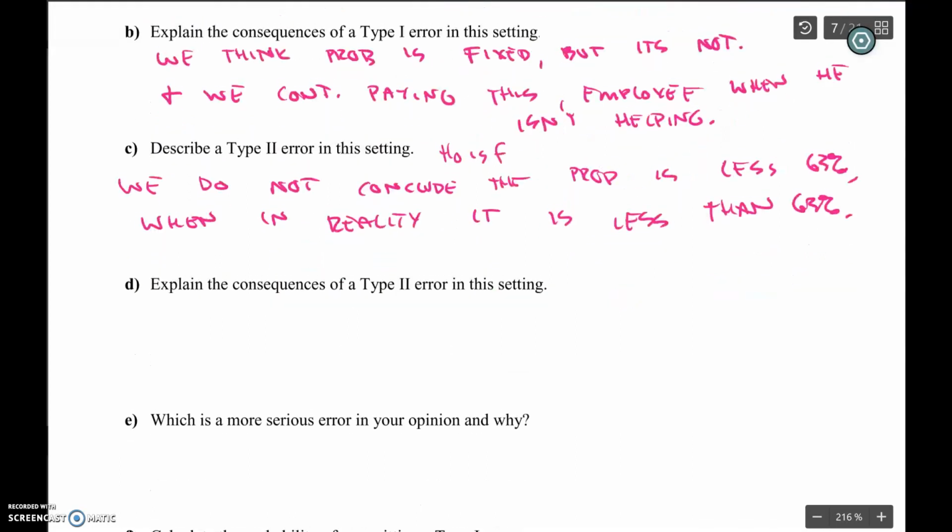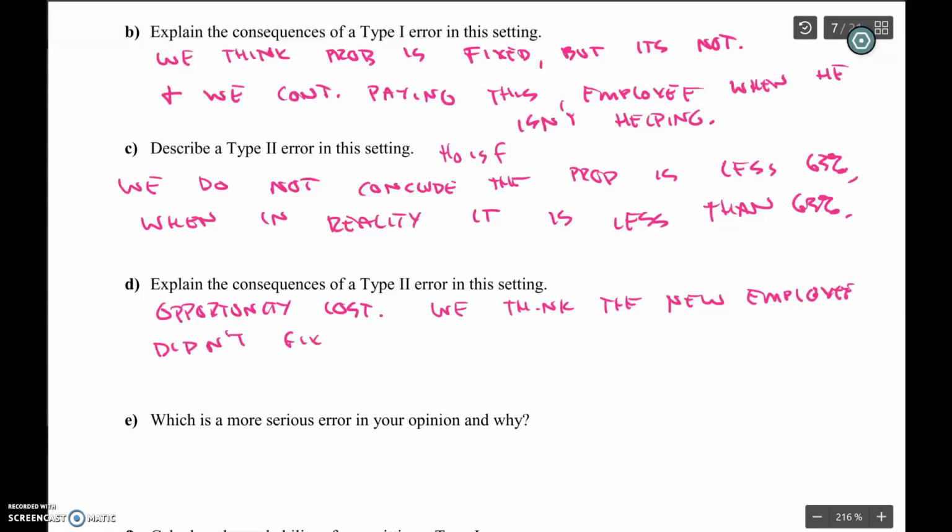So consequences of this error. Well, we lose an opportunity. Opportunity lost, I guess, is what I'm trying to say here. If I'm spelling that right. If I'm not, I apologize. We think the new employee didn't fix the problem when he actually did.